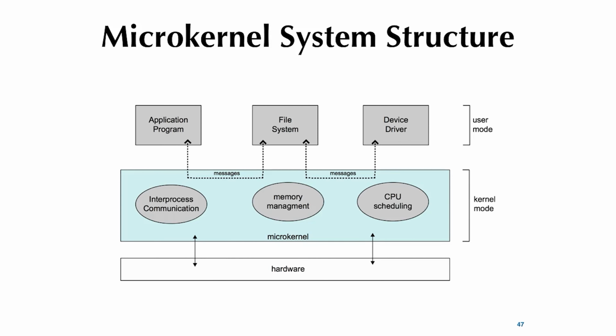The core part, the kernel, just has interprocess communication, memory management, CPU scheduling. That's all. Everything else, your file system, device driver, application program, is done in user mode. But not just any user, just kernel-defined users, okay? Because nobody else gets to do those things. And they all have to make a system call, then the system routes them to the appropriate user-level process.